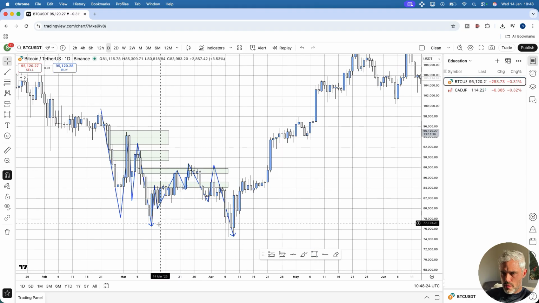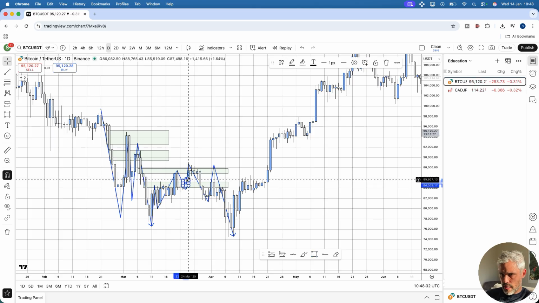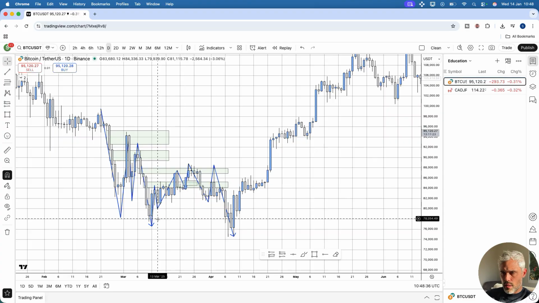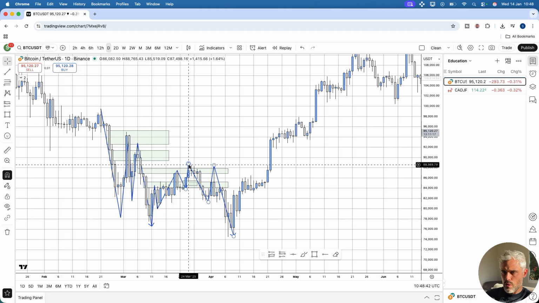And then what happens? We see this corrective move back, and in all of this consolidation, no fair value gaps until we do in fact get a bullish fair value gap. So at this point here, we can say that there is potential bullish order flow.